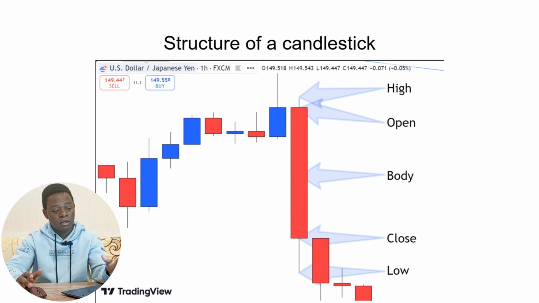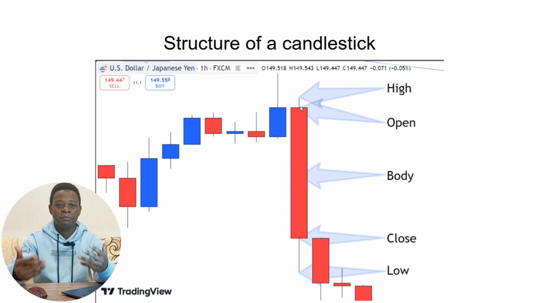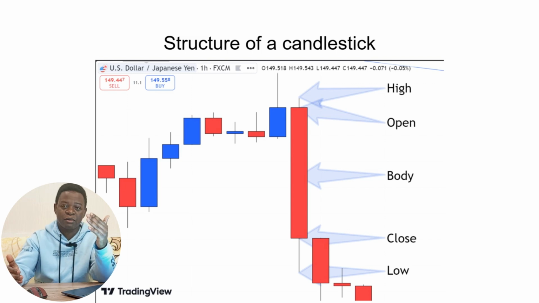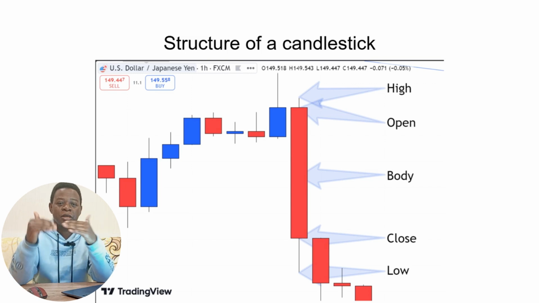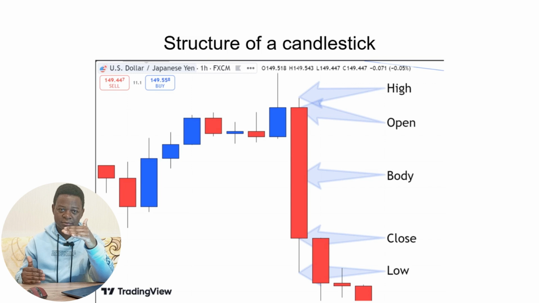So if it's a red candle, the open price is always at the top here. Why is it at the top? Who are bears? Bears are people who are selling. They consider the market is going to fall, and they consider the price they're having as high enough for them to sell and take profits.